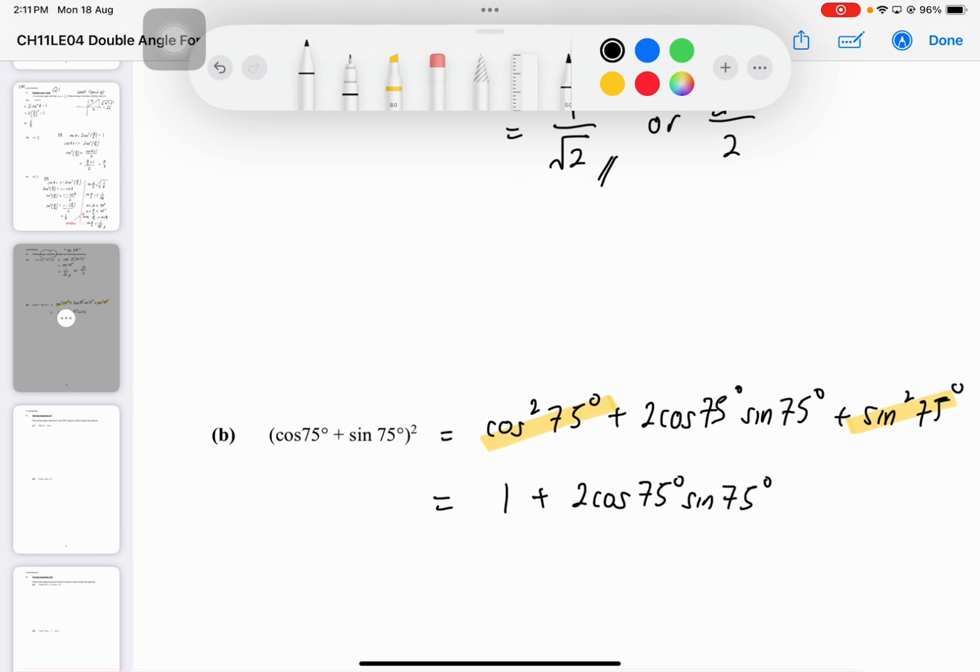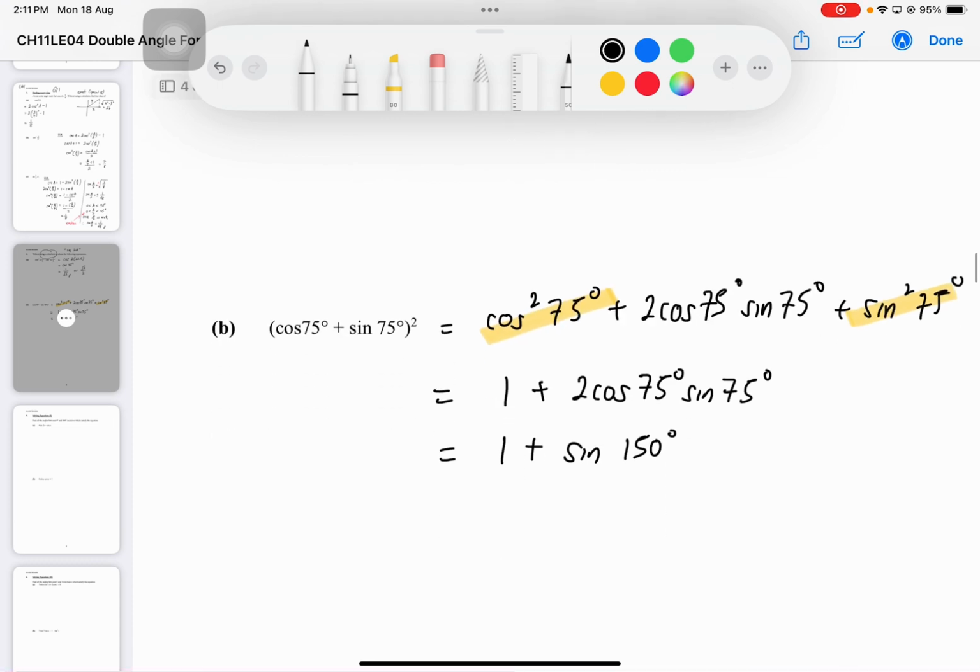Anything familiar here? Double angle formula when you have a sine and cosine is sine 2A. So this is the same as 1 plus sine 150 degrees. Like your CAST, sine 150, what is the alpha? 30. Should I put a plus or minus? Sine, second quadrant.